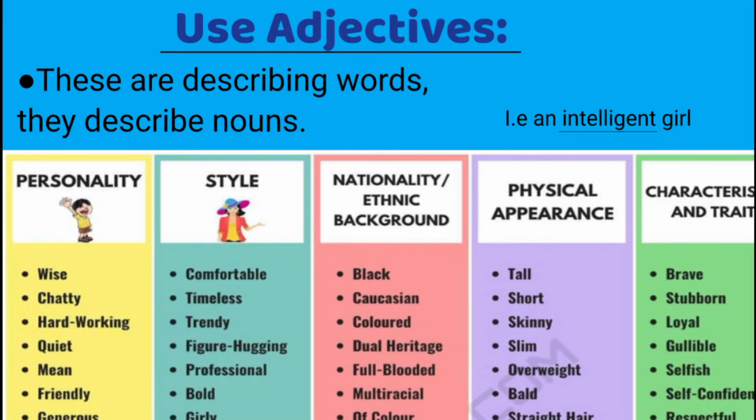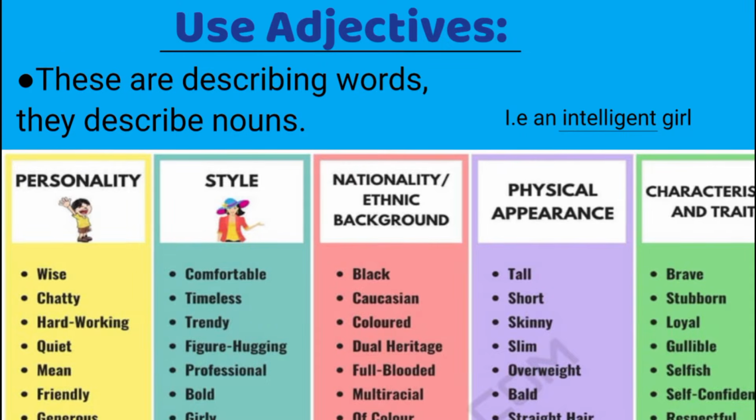For physical appearance, the words are tall, short, skinny, slim. And for characteristics and traits, we can use words such as loyal, brave, stubborn. Just make sure that you choose best words which will not offend others, because we are writing a piece of work that we want to create a picture. When you want to create a picture, you want to send a message.